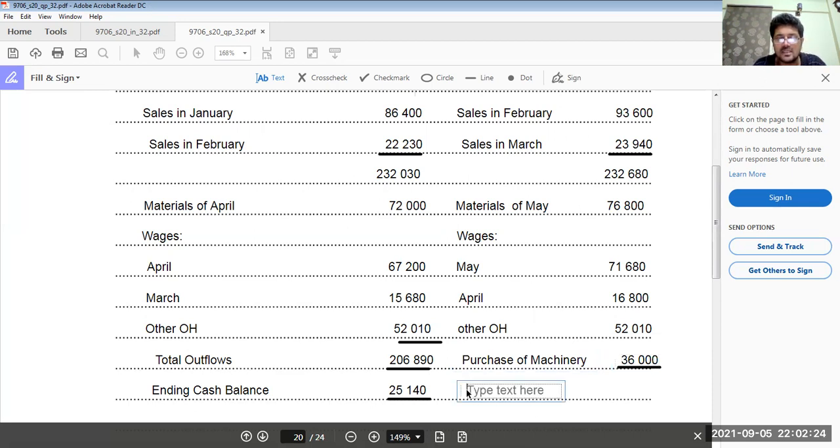First we get the total outflows: 76,800 plus 71,680 plus 16,800 plus 52,010 plus 36,000. Okay, the total is 176,490.